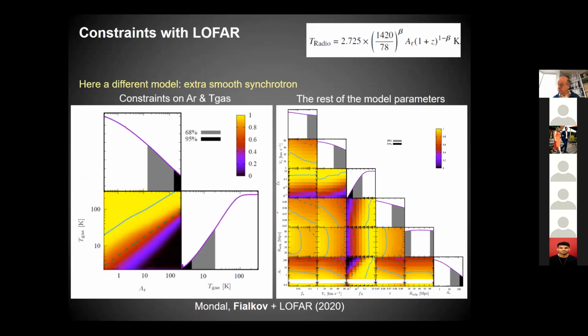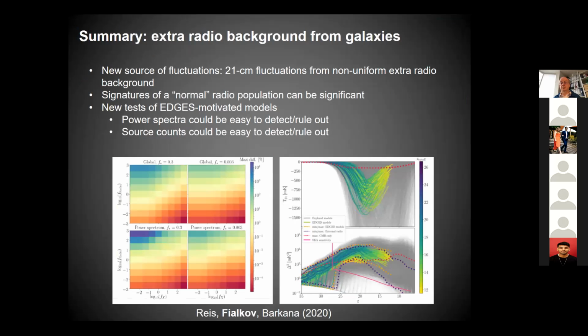So I'll stop here with my conclusions. I showed you that we have added a new source of fluctuations in the 21 centimeter simulation, which comes from non-uniform radio galaxies at high redshifts. The signature of this population can be strong, up to maybe 10 to 20%, and has to be included in modeling of the high redshift populations and parameter inference.